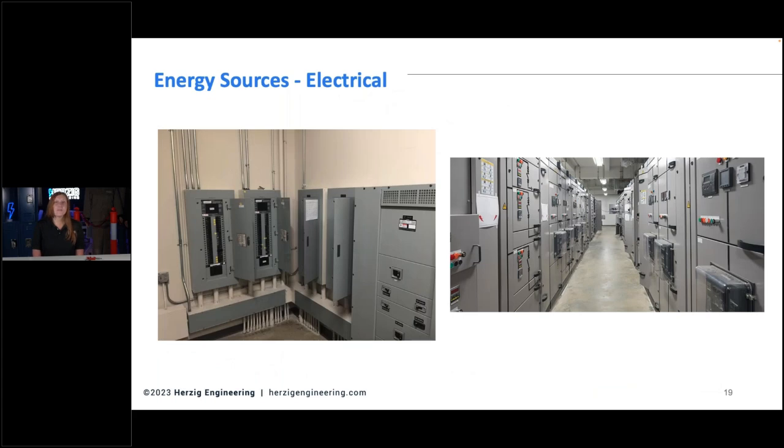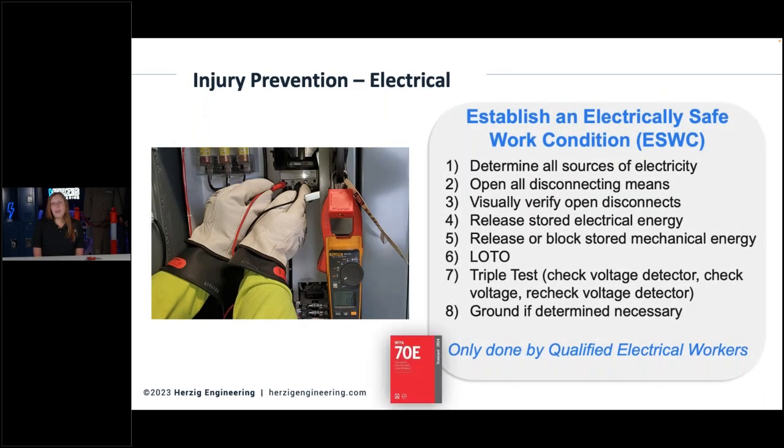So first up, electrical. Vast majority of lockout tagout procedures are going to involve electrical. We run off electricity, right? So that's where it becomes a little bit more than just lockout tagout. We get into needing qualified persons if there's going to be exposure to electrical components because they have to establish an electrically safe work condition.